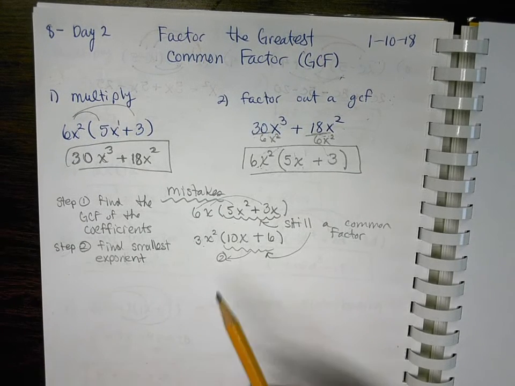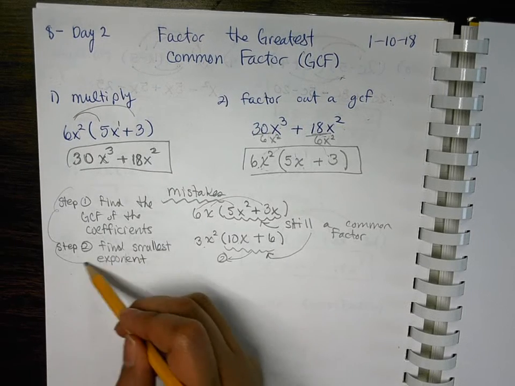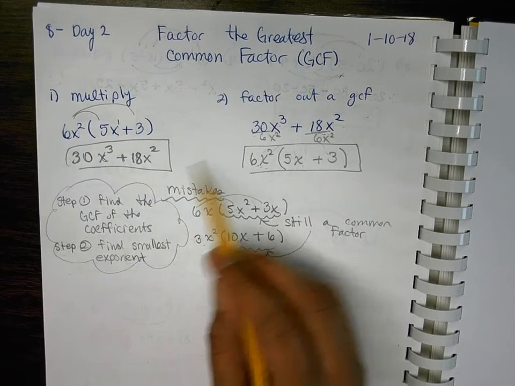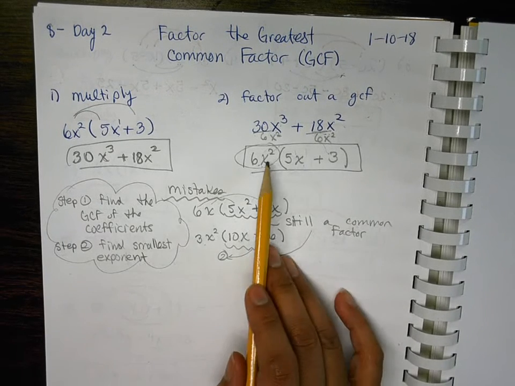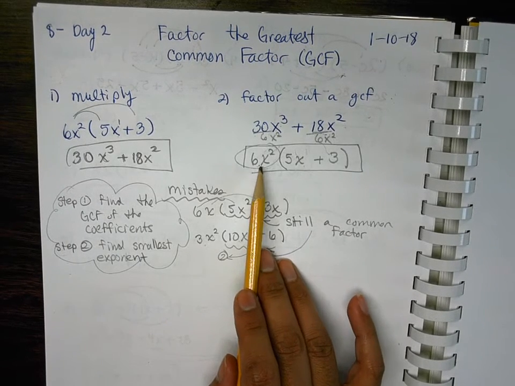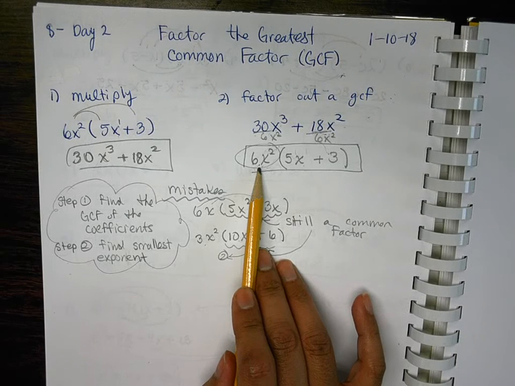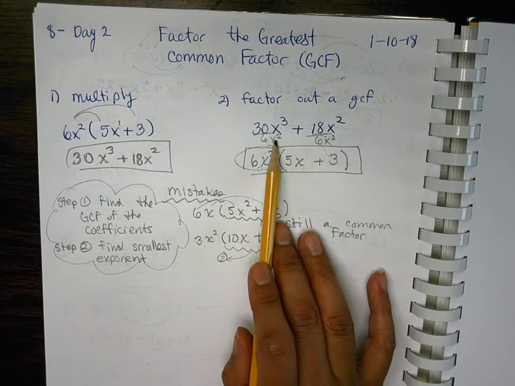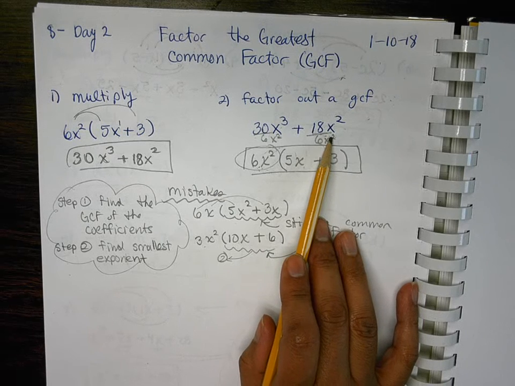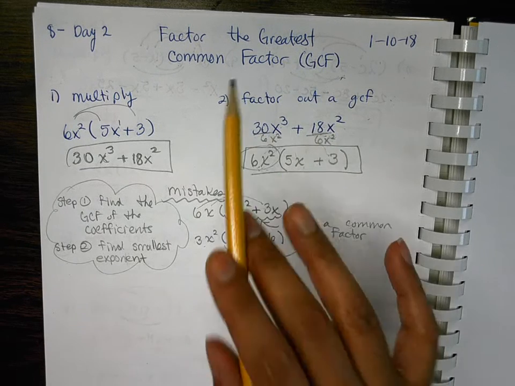All right, these steps right here are just how to find the GCF, how to find this guy on the outside, and we'll talk about how to work backwards from there. First, you find the greatest common factor of your coefficients, and then you take the smaller of your exponents. Now, kids often say, why the smaller if it's called the greatest common?